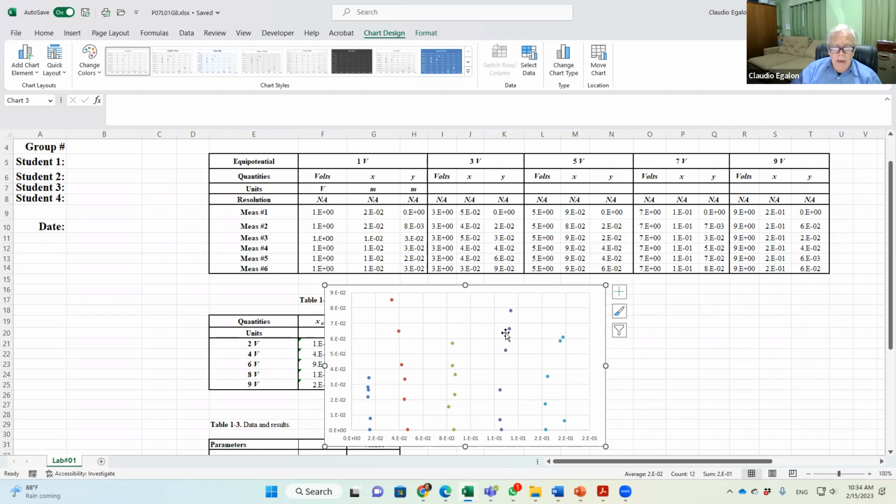It's almost a straight line, with an interesting effect that we call the edge effect. Most likely the electrode ends around here, if they follow my instructions.